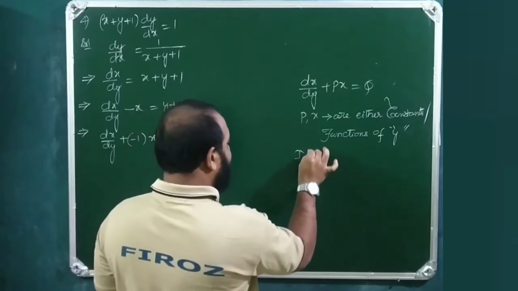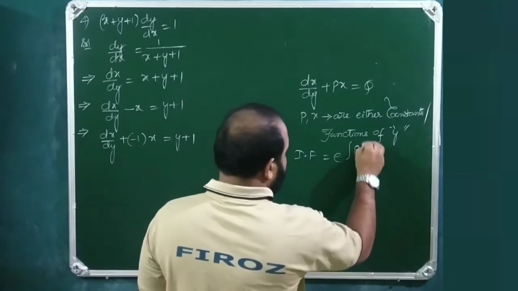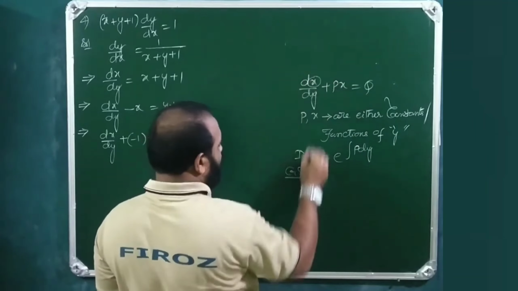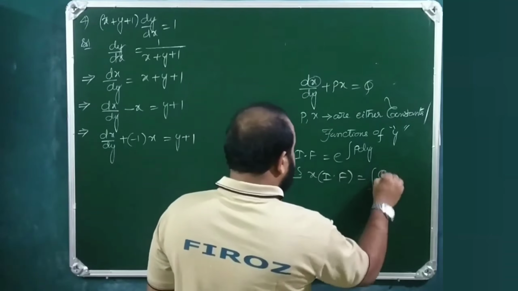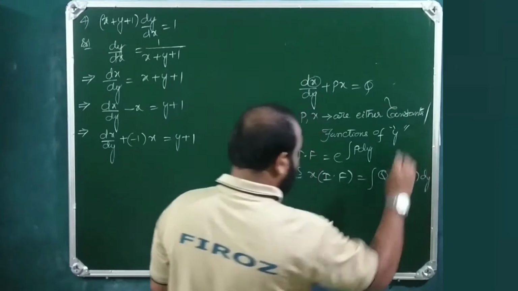So the integral factor here is e power integral p dy, and the general solution is x into integral factor equals integral q into integral factor into dy.